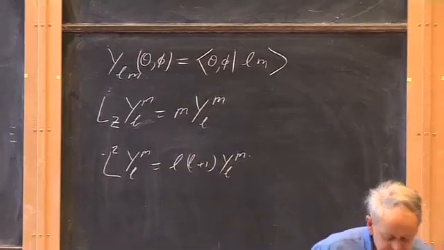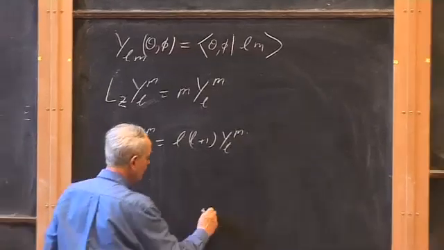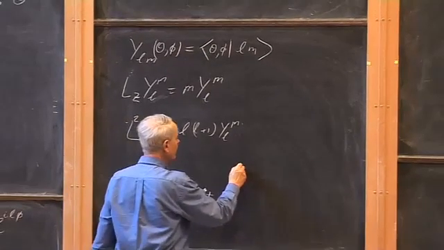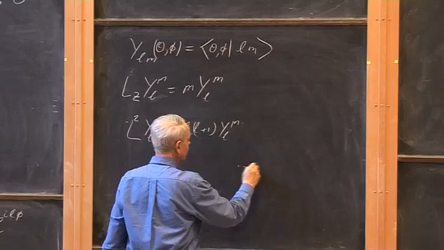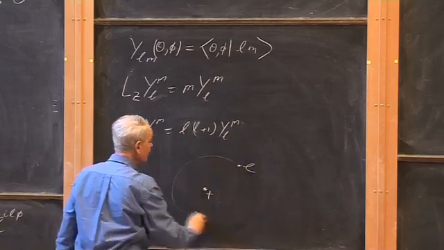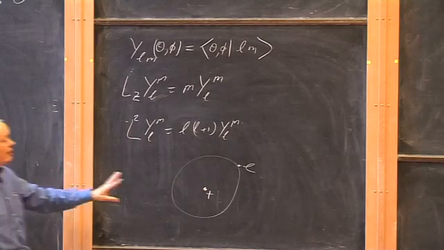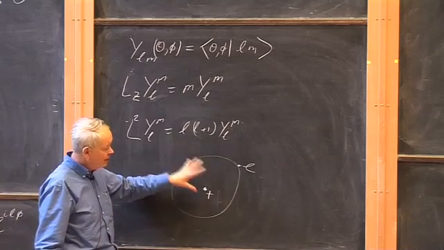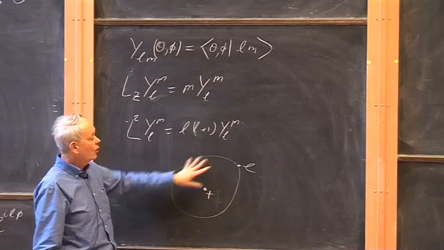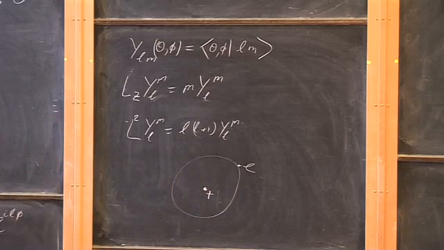So, if you have an electron, here's the nucleus, if you have an electron in orbit around the nucleus, it's reasonable to ask, what does the wave function of the electron look like if the electron has well-defined orbital angular momentum?